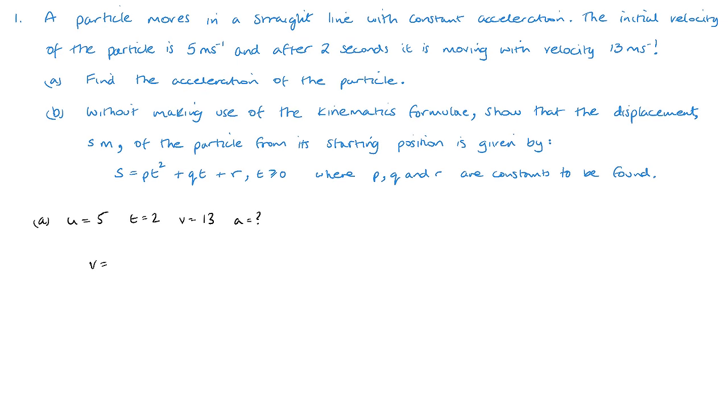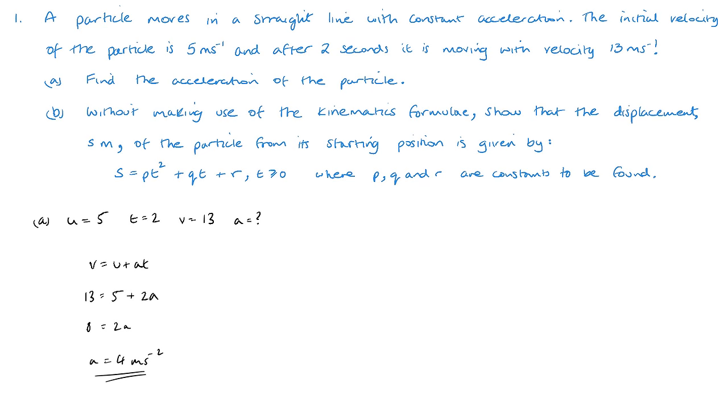So using our SUVAT equations, we pick v equals u plus at. v is 13, u is 5, t is 2, and a we want to find. So taking away 5, we get 8 equals 2a, a equals 4 meters per second squared. Nice and straightforward there.